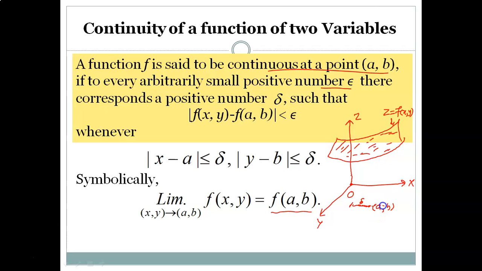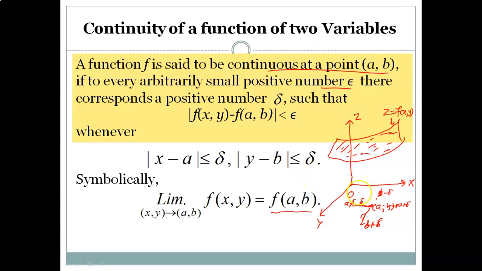And on this side, again let this distance be delta. So this point becomes a plus delta and this point becomes a minus delta. Exactly in the same manner, parallel to the y-axis, this is b minus delta, and on this side let this be b plus delta.